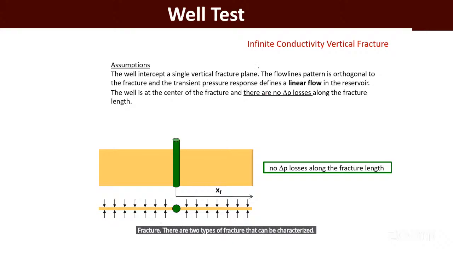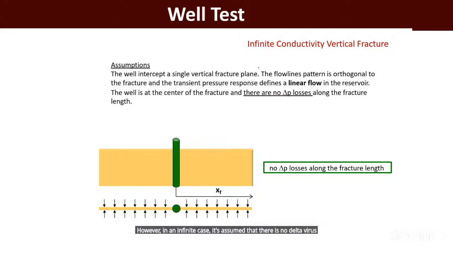The first one is the infinite conductivity fracture, and it's assumed that there is no delta P loss along the fracture length. So the flow line pattern goes orthogonal to the fracture, and the transient pressure has a linear flow into the fracture. However, in the infinite case, it's assumed that there is no delta P losses.